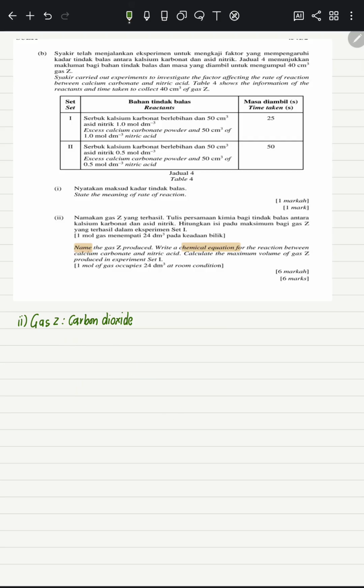So I write here CaCO3 plus HNO3. So what does it produce? How to get the product? First, to get the product, the salt, you must split your reactant. Split this into Ca2+ and CO3 2-, split it into the ions that formed it, and this one into H+ and NO3-.